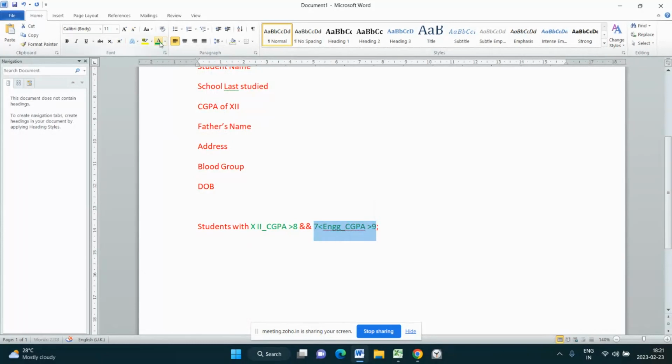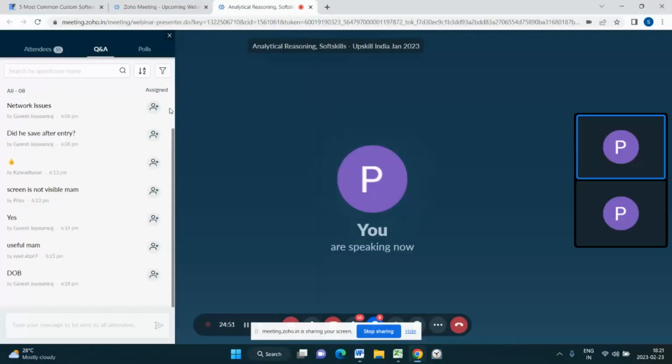The college will have engineering marks, because every semester marks are updated in your system and they can get you this. But if they have not captured the 12th marks, can they give it? Can they select the students with CGPA greater than 8 in 12th standard if they have not captured the CGPA of 12th standard? Do you understand? Children, did you understand?